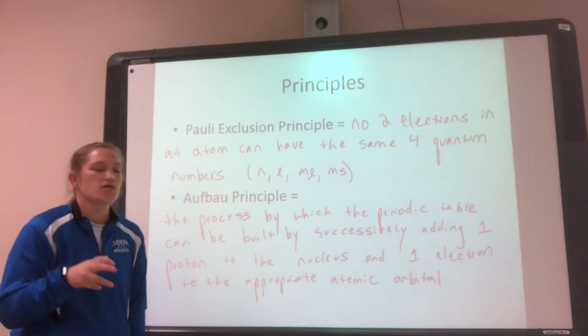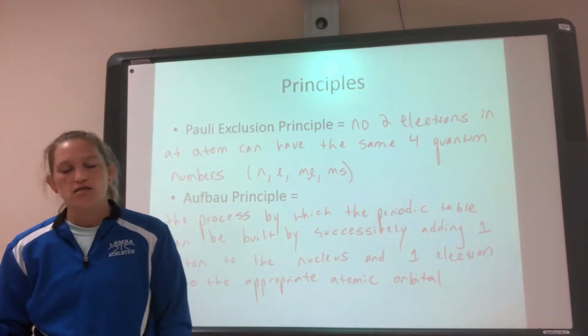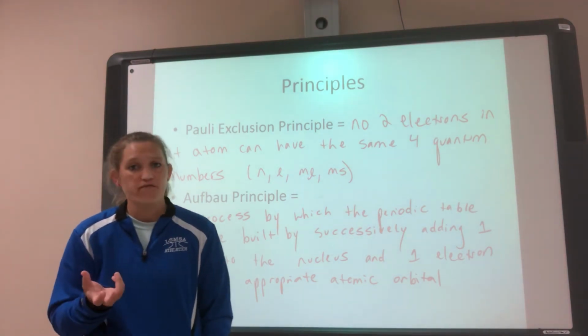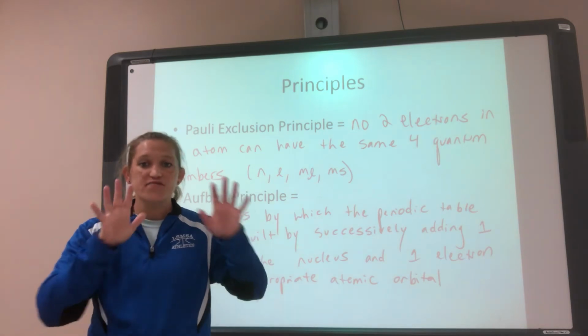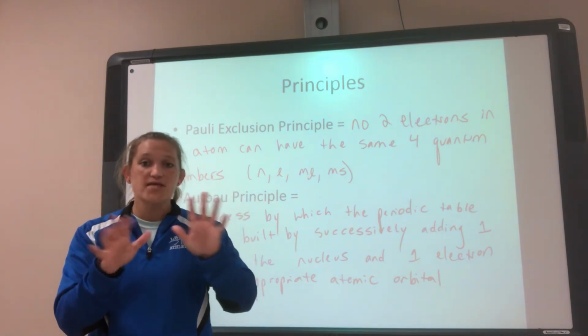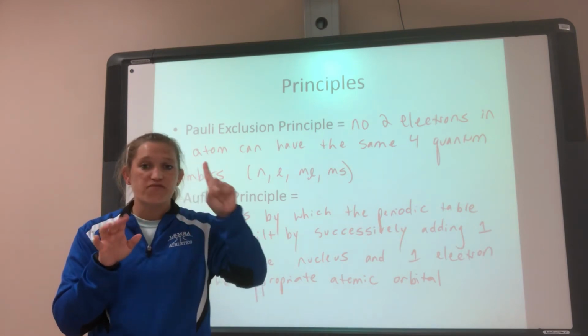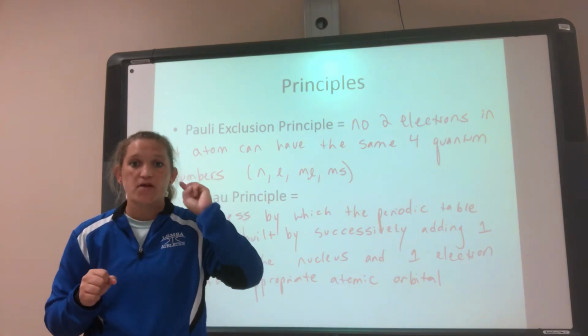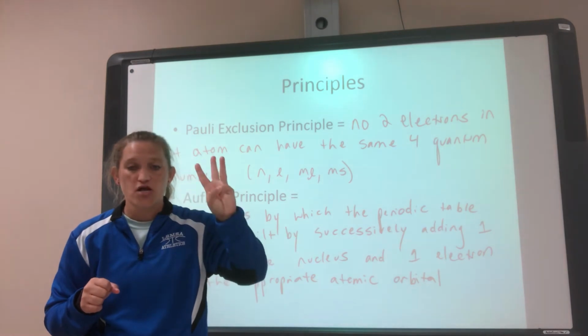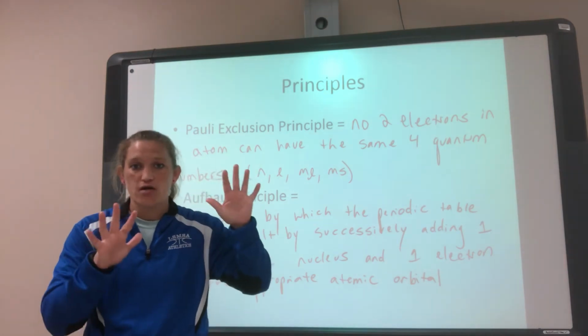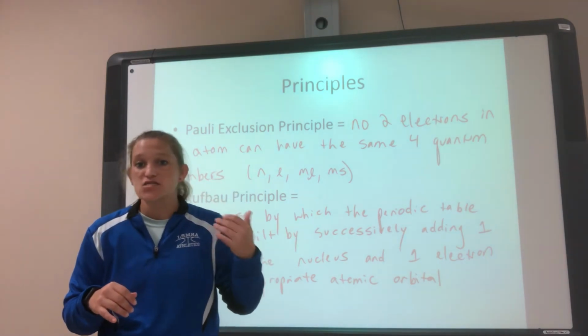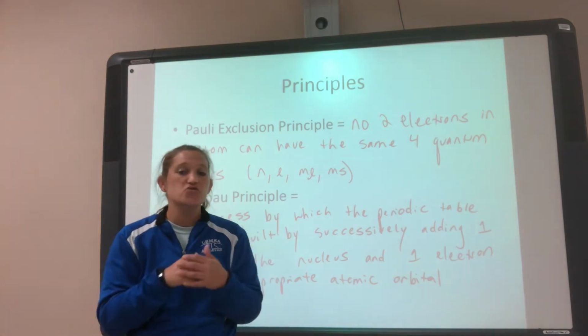You'll see when I start talking in the next lecture about how to actually write the electron configuration, but the idea is, say I have 10 electrons. I have to write the address for all 10. And so if I'm doing that, I'm going to start with the first electron. I'm going to write his, then I'll do the second, then I'll do the third. I'm just going to slowly add on. So what it means is where I start my electron configuration, I always start in the same place.